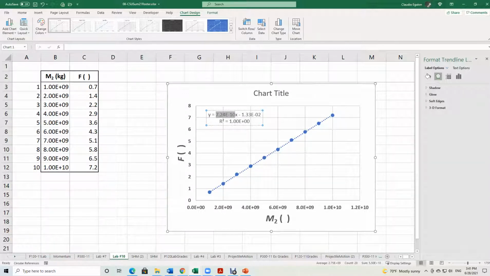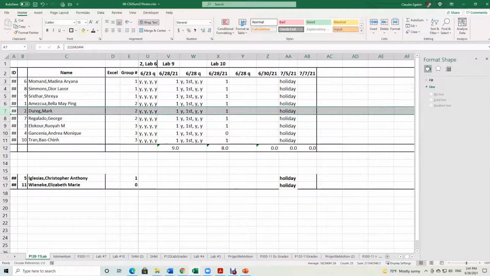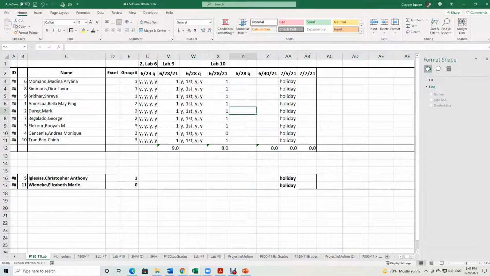I want to know if you're following that. Did you get your spreadsheet done there? And your graph plotted? If you don't say anything, I'm going to assume that you got everything. All right? Let me pick someone in a random fashion. Mark, did you plot your graph?